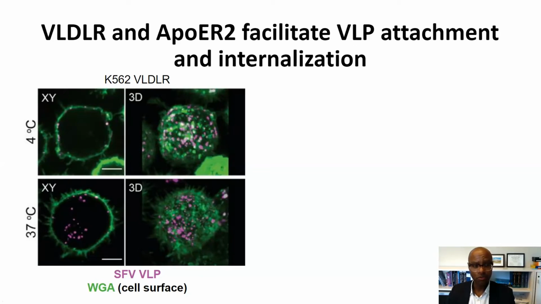In green, you're seeing wheat germ agglutinin, which is a cell surface membrane marker. And in pink, you're seeing fluorescently labeled VLPs. And so we're able to see here, if you look at the top set of images at 4 degrees, we saw what seemed to be association of VLPs to the cell surface. When we increase the temperature to 37, then we saw internalization of virus-like particles into cells.